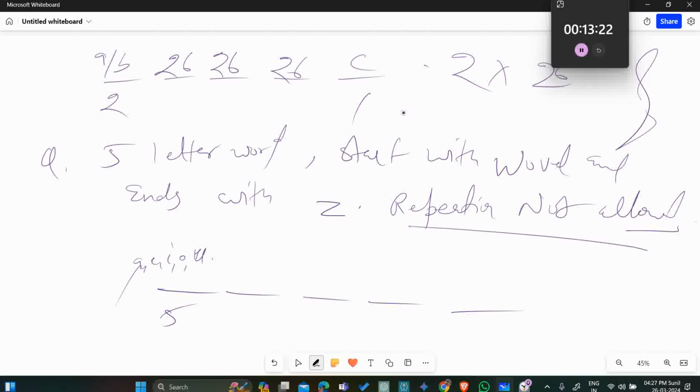No repetition is allowed, and G is fixed here at the end, only one way. So the remaining places can be filled in 24, 23 and 22 ways. So it would be 5 into 24 into 23 into 22 is the answer.